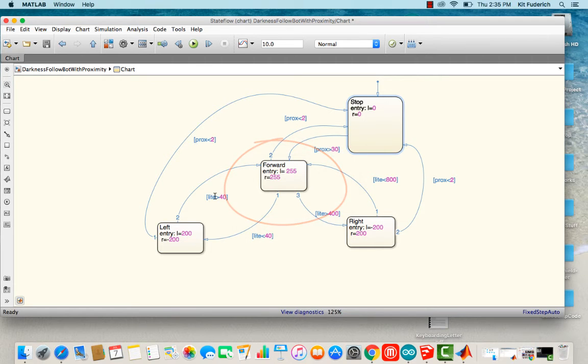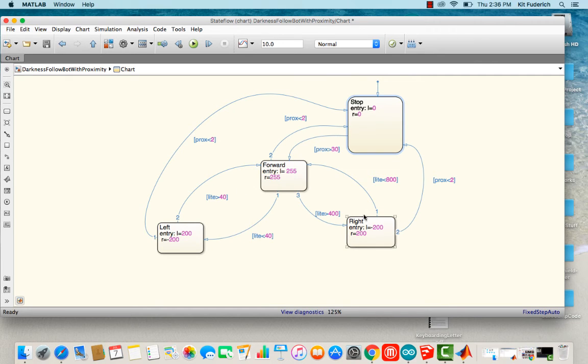And here in the forward state, we have two directions it could go. It could go either left or it could go right, perhaps even just stay on its course of forward. The situation where it would go left is when the light value drops below 40, and you can see that there's this arrow going in, and then here we have an exit going back as soon as the light value raises above 40, so it should stop after that.